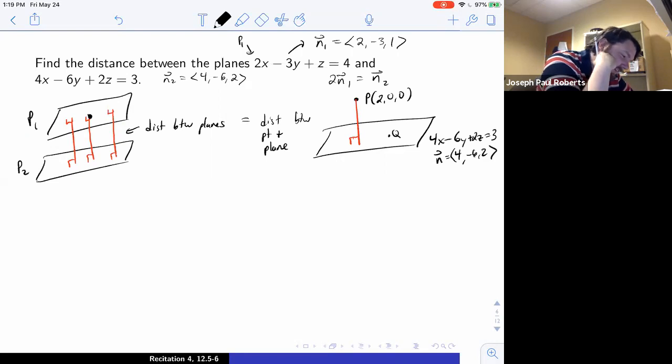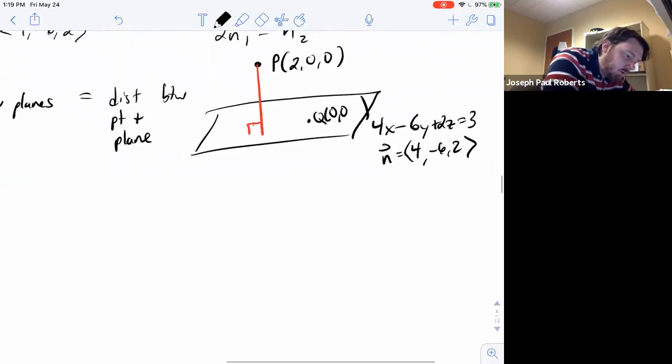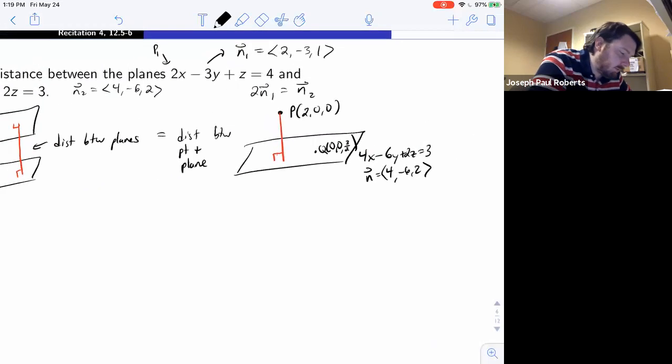I don't see anything. So anyway, I'll just do 0, 0, 3 halves. If I set x and y both equal to 0, I get 0, 0, 3 halves is on plane 2.